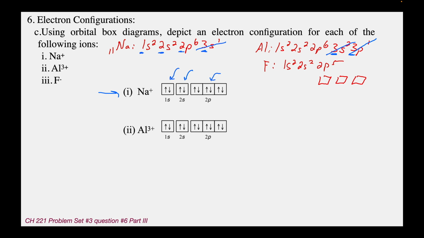And if you have 5 electrons to put in, let me use a different color here, there would be 1 electron, 2 electrons, 3 electrons, and then you start pairing up. This is Hund's rule because you don't want to have 2 electrons in the same box unless you have to. So the 4th electron would be spin down right there, and the 5th electron would be spin down on that one. But there's 1 space available, all right? That final 2p box only has 1 electron inside it.